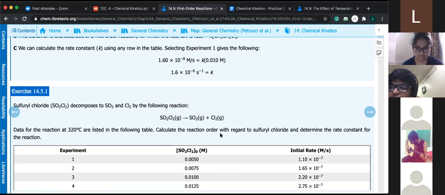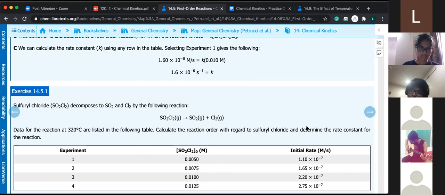Calculate the reaction order with regard to sulfuryl chloride and determine the rate constant. So again, it's the exact same problem as the previous one. Ma'am, again it's first order. Yes, as you're doubling, this is also doubling. So, first order.